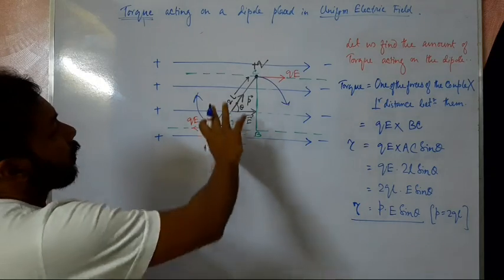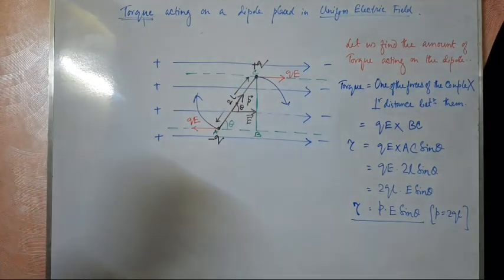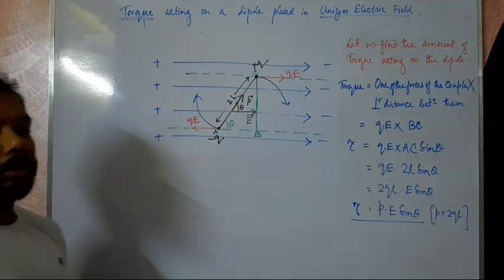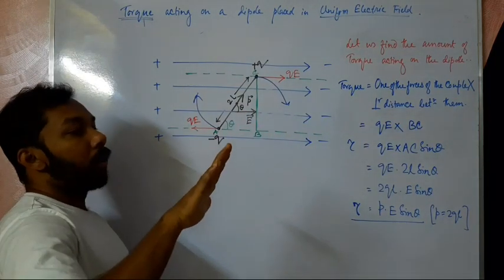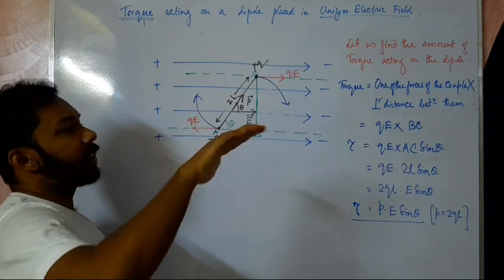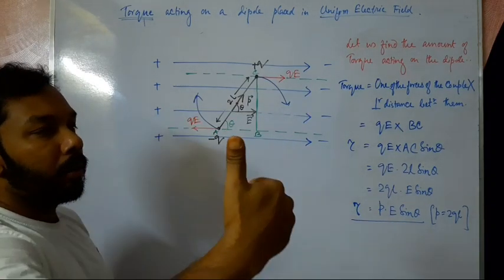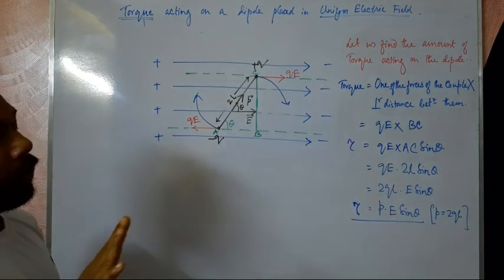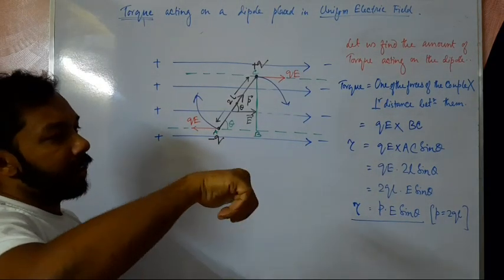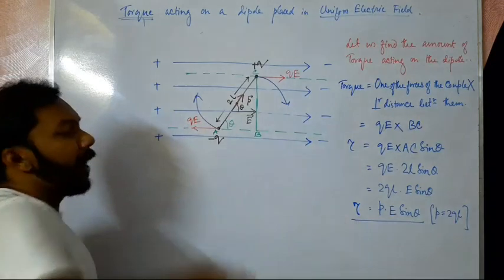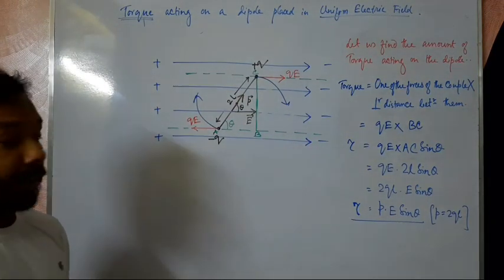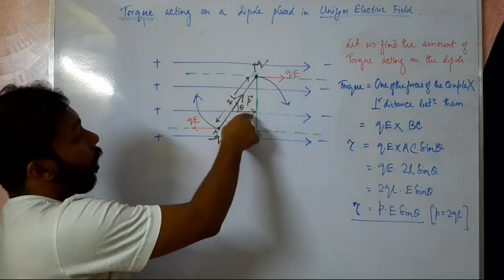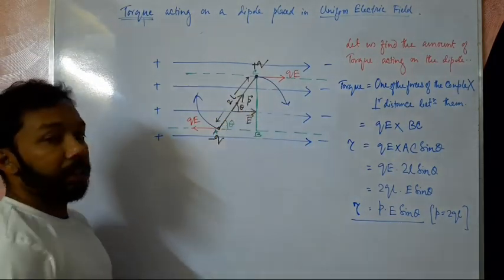Hence, it's a clockwise torque. When it is a clockwise torque, we have to use the thumb rule. We have to curl our fingers in the direction of the rotation of the body, and the thumb will indicate the direction of the torque. So you can see, when the body rotates in the clockwise direction, the direction of the torque is pointing into the page.